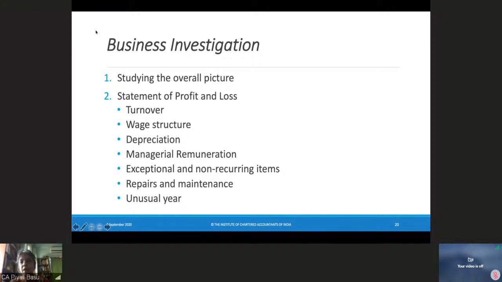Never know. All right. If such a case is there, how do we start a business investigation? We start with the overall picture. We document the overall picture, keeping in focus the overall requirements, the scope of audit. We should not be out of focus of that.